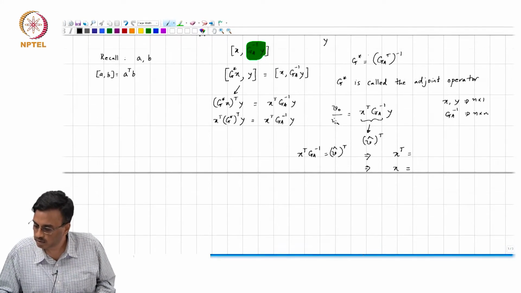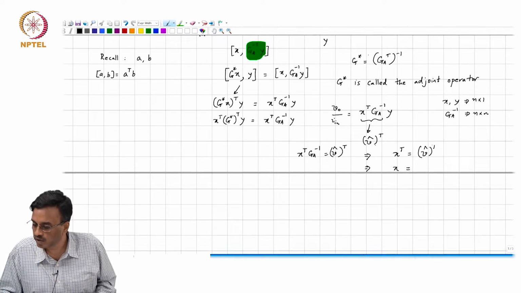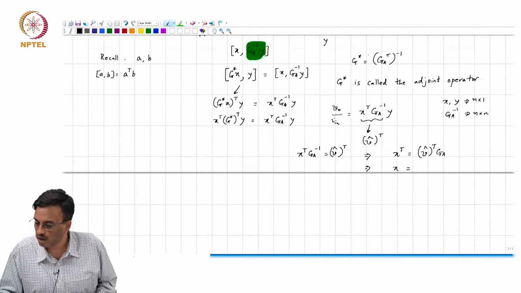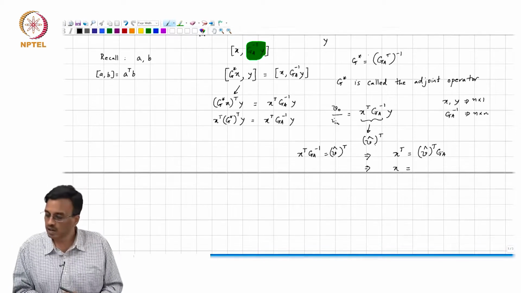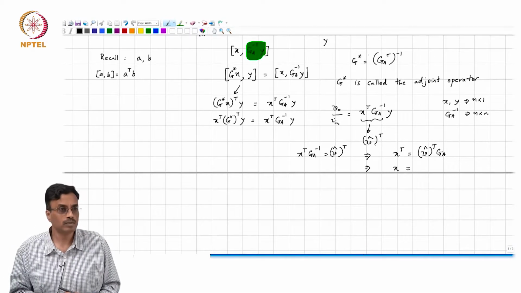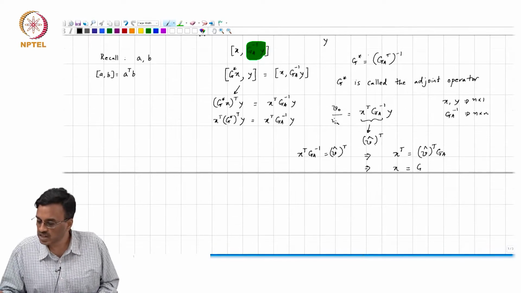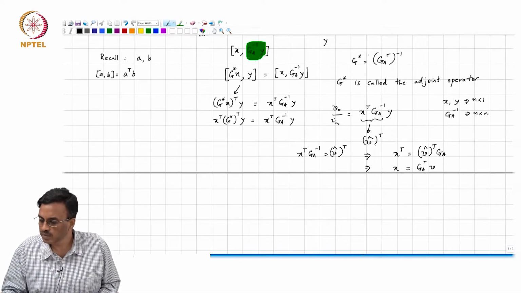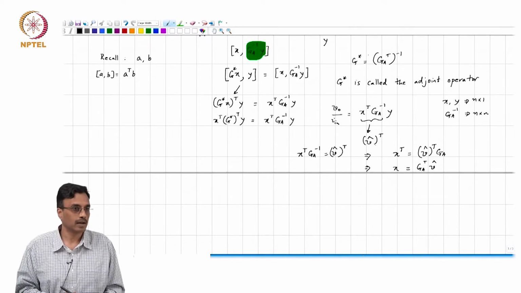So V hat transpose times GA must come on the right hand side, and therefore X must be equal to GA transpose times V hat, correct?